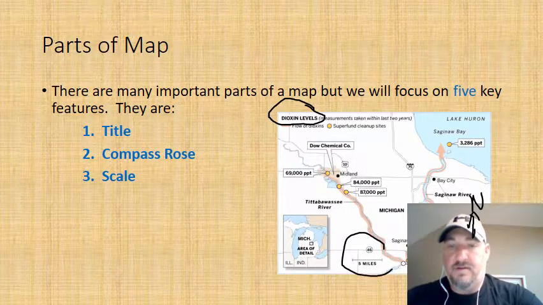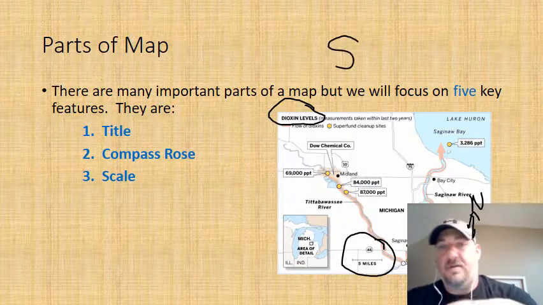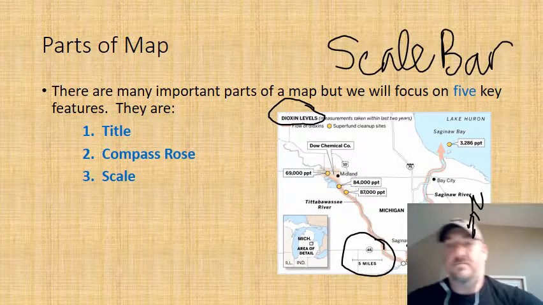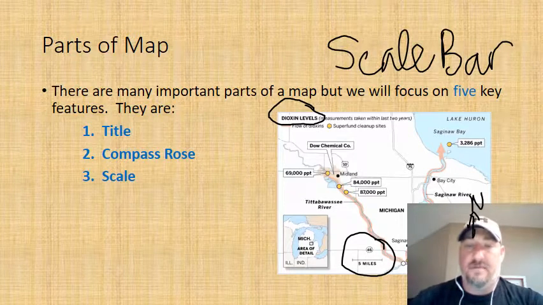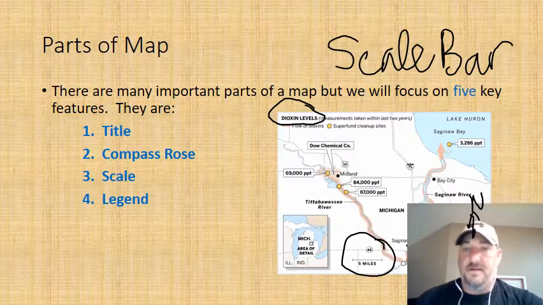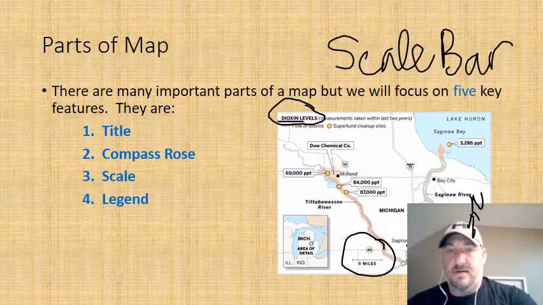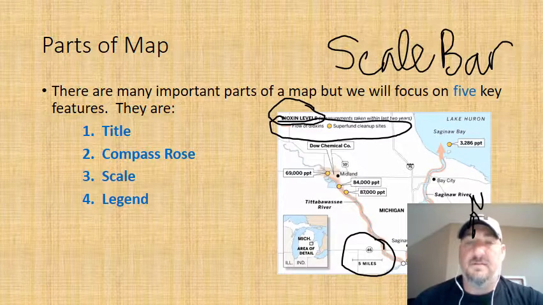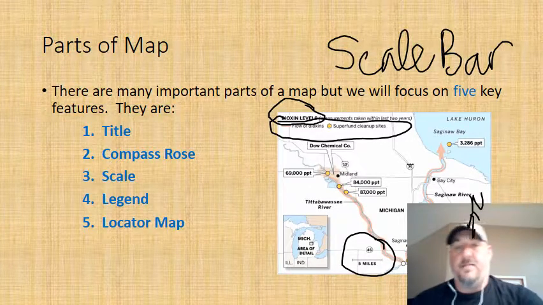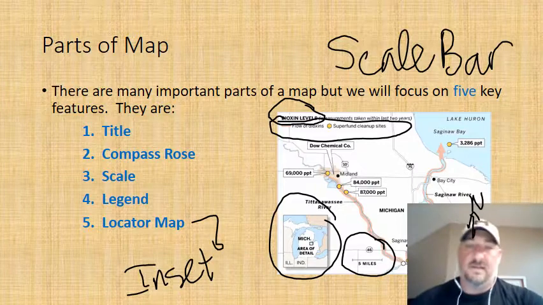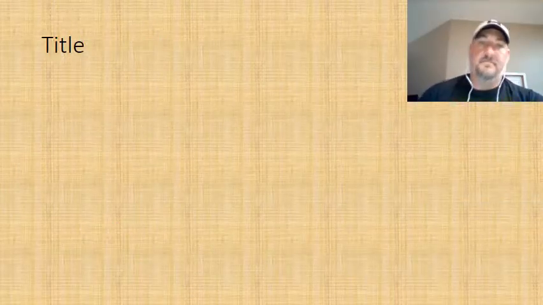We have our scale here, so it is a scale bar, which we talked about again in class. For each, that line represents 5 miles. The legend was up here, so the flow of dioxins and the Superfund cleanup sites, and then the locator map. This can also be called an inset map, so it's inset into the larger map.